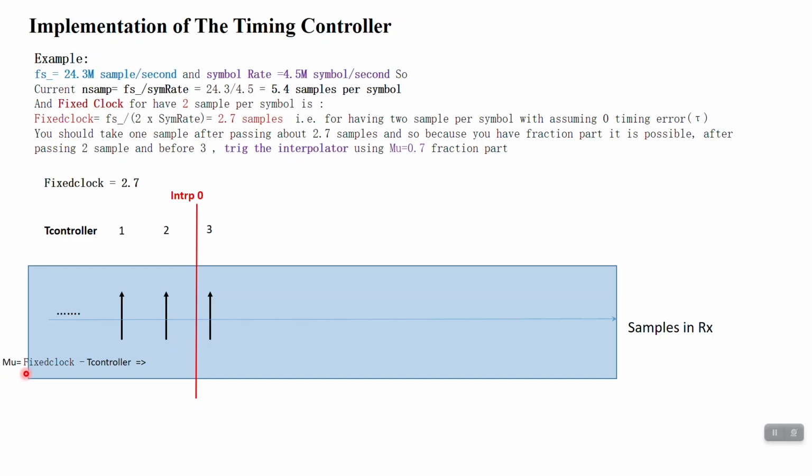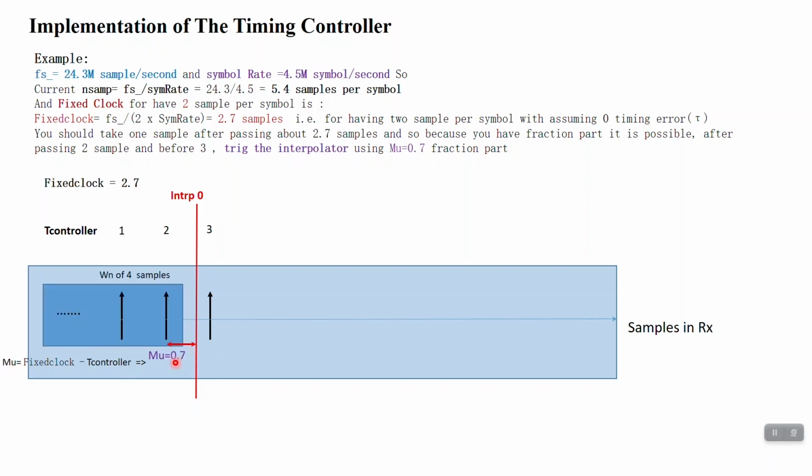So the mu formula is: every time the T controller is greater than the fixed lag, we go back to the T controller of the previous sample, subtract the fixed lag from it, and we simply calculate the mu.